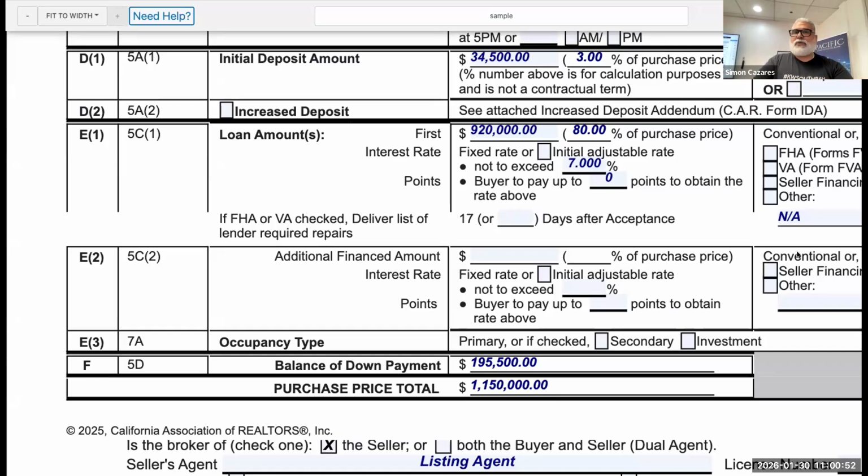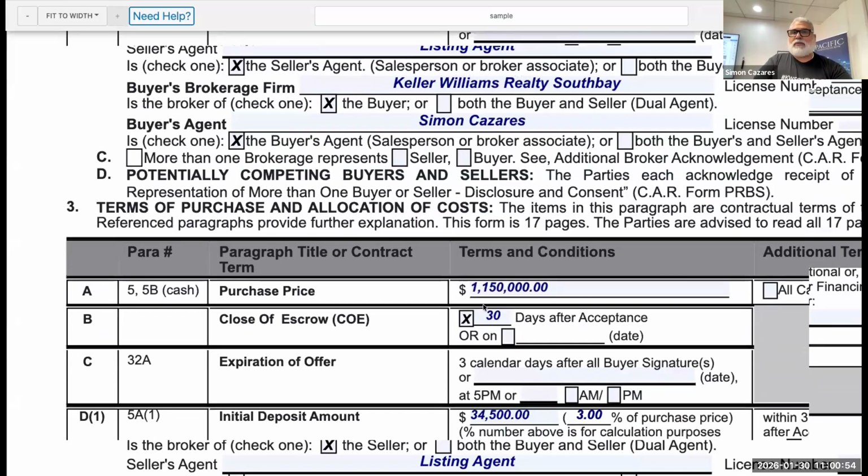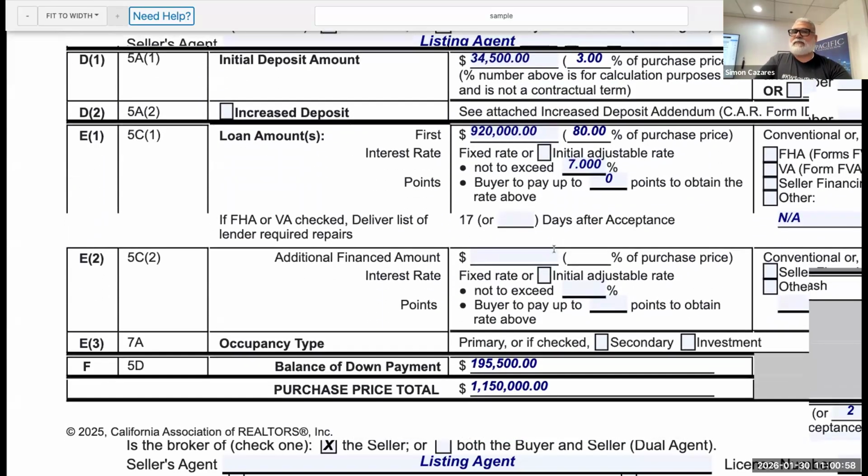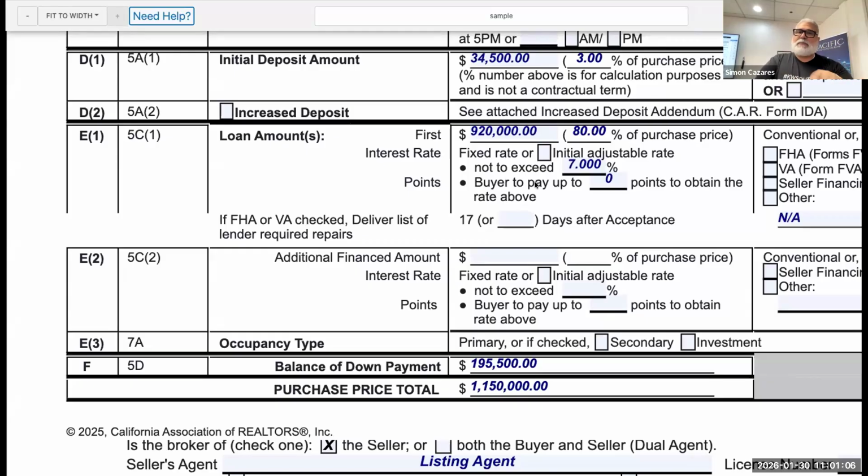So all you have to do is take the purchase price times 20% will give you the down payment amount. And if you do it times 80%, it'll give you the loan amount. And in this case, the loan amount is 920,000. That's what they're going to borrow from the bank.